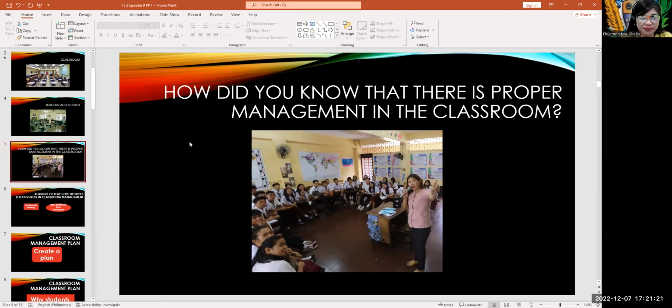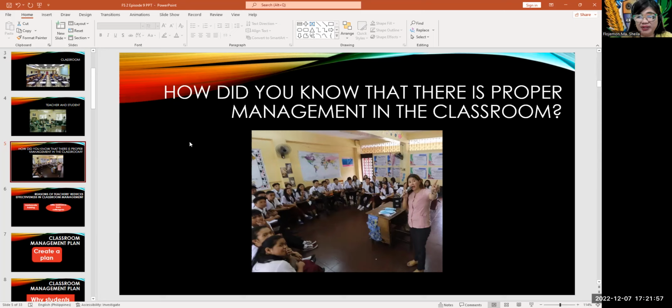Looking at the picture, okay, there is a teacher in front and the students are properly arranged in a group, like she gathers all the students inside the classroom for a certain activity to properly manage the classroom and also to properly manage her teaching strategy.